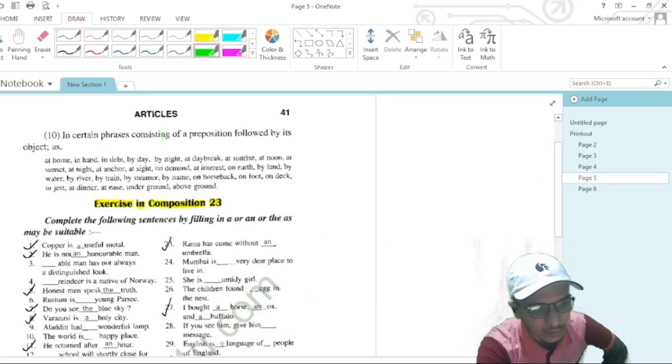In certain phrases consisting of a preposition followed by its object: at home, in hand, in date, by day, by night, at sunrise, at noon, and so on.